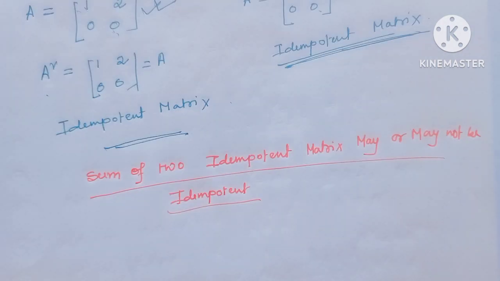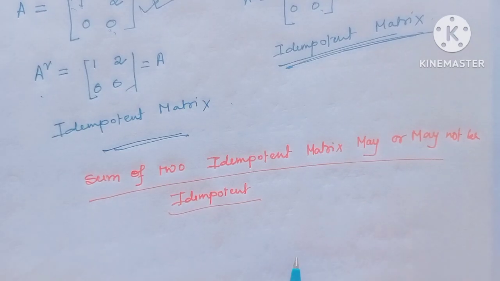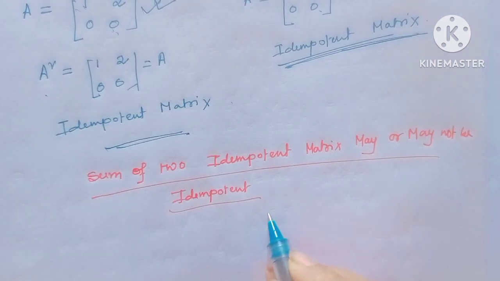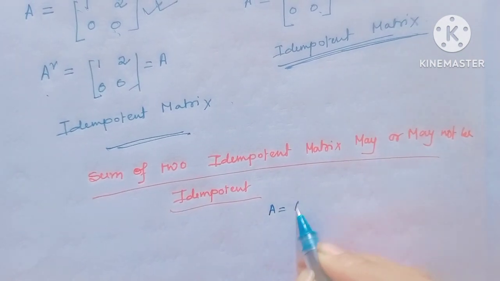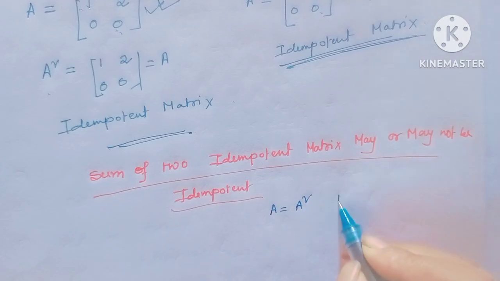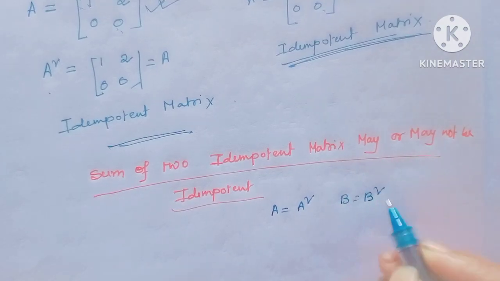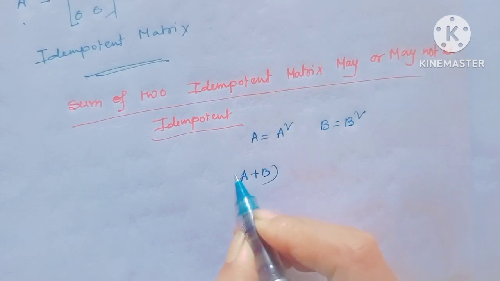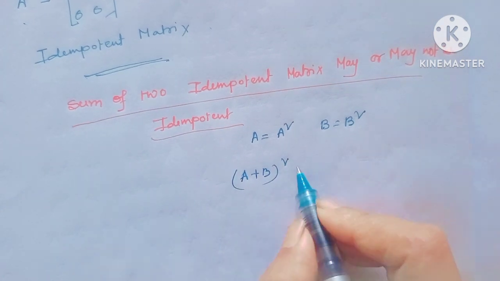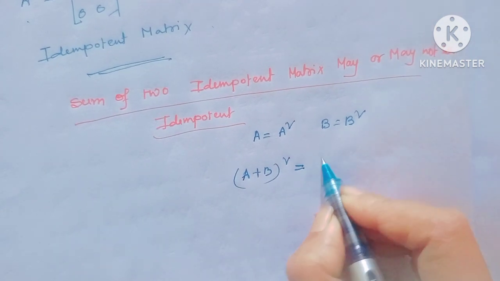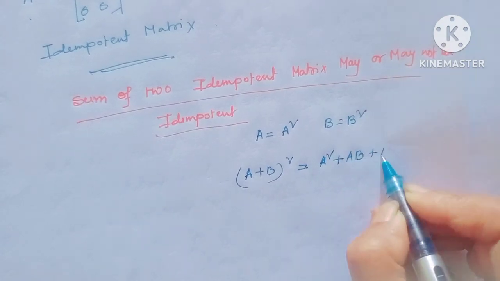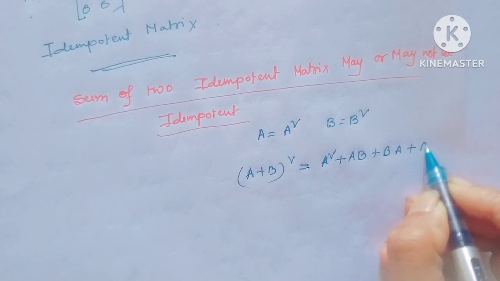Next, I will see that the sum of two idempotent matrices may or may not be idempotent. Given A is idempotent, so A equals A square, and B equals B square. For the sum of two idempotent matrices, that means (A plus B) whole square, is it equal to A plus B? Notice this is equal to A square plus AB plus BA plus B square.